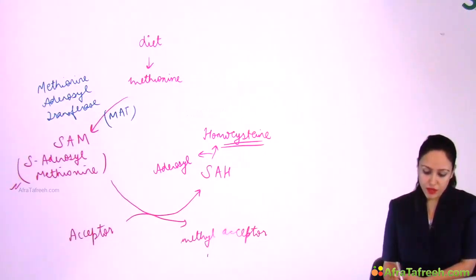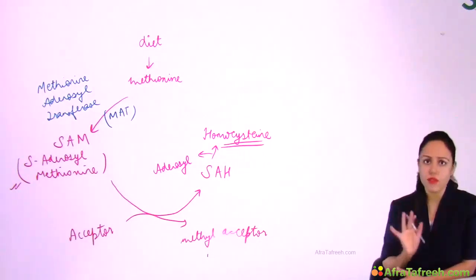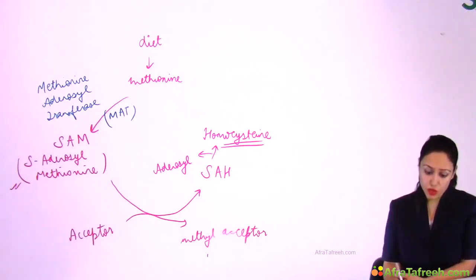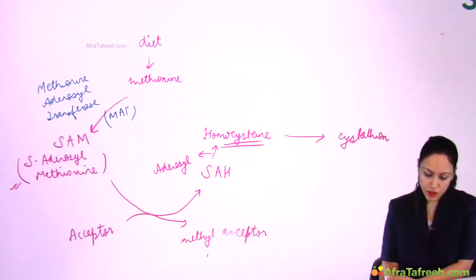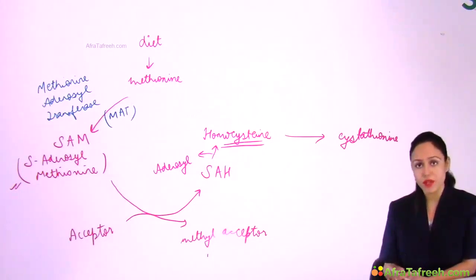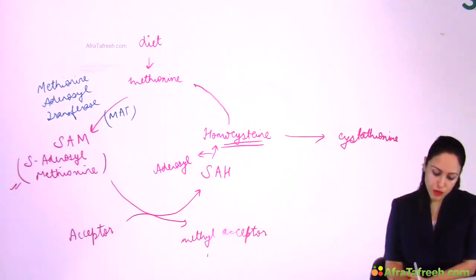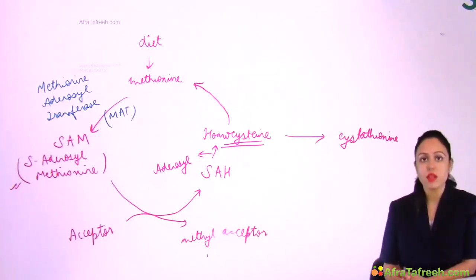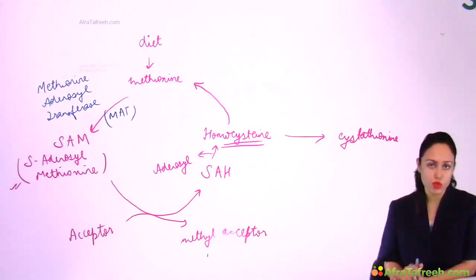One way is that if enough of methionine is available in diet, then homocysteine will be converted to cystathionine. But if enough of methionine is not available in diet, then this homocysteine will be used to make methionine, right? So let's take this route first, that homocysteine to methionine conversion.